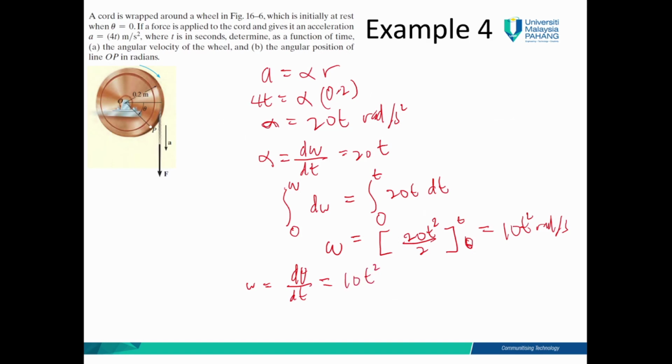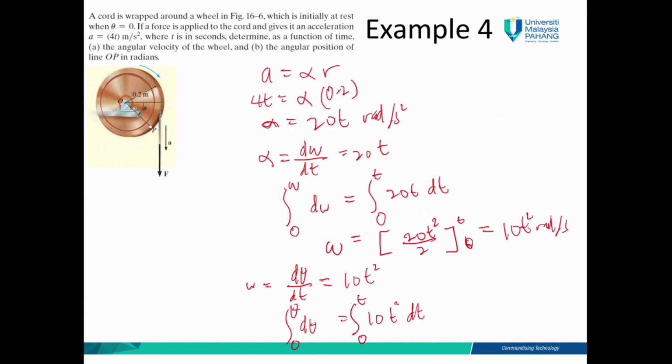So rearranging, d theta equals 10t to the power of 2 dt, and then you find the integration, starting from 0 until the theta that we're interested in, from 0 seconds to a certain time t that we're interested in.